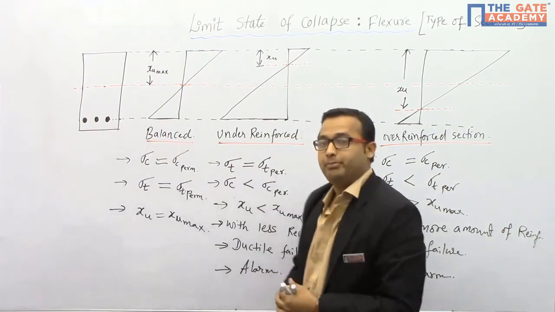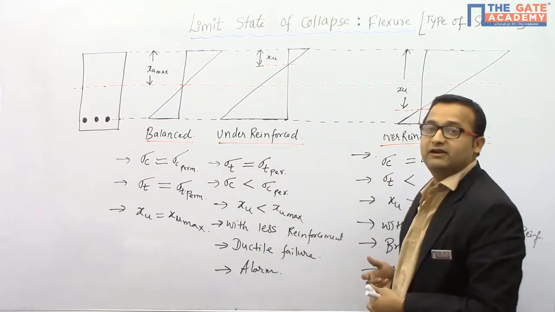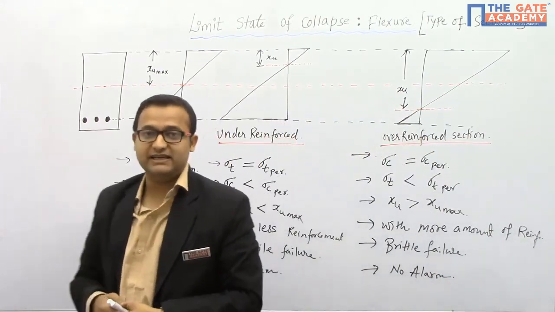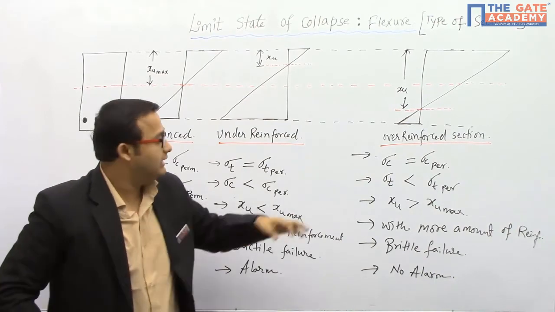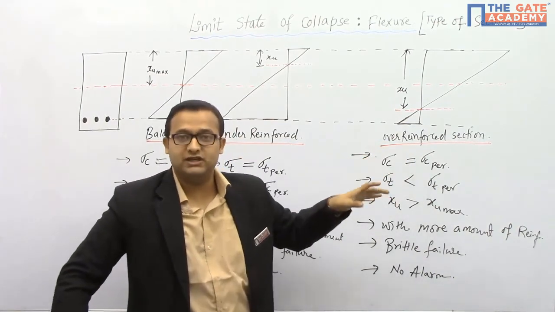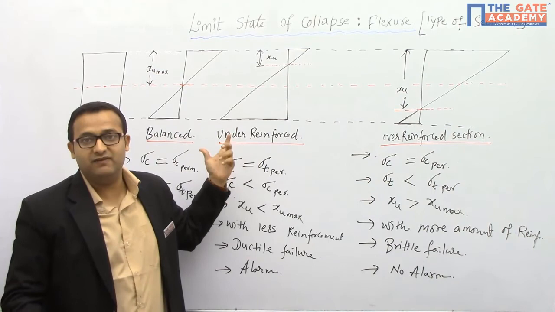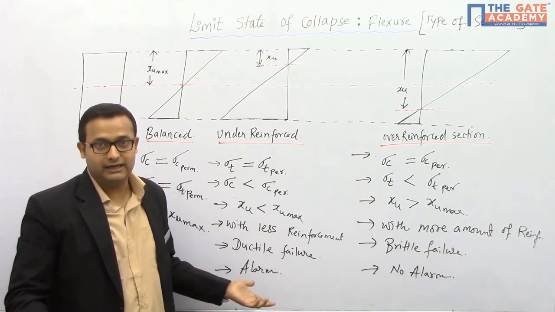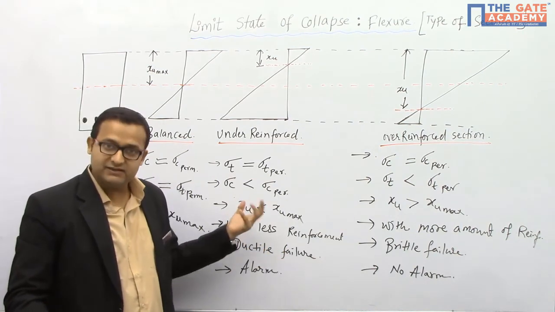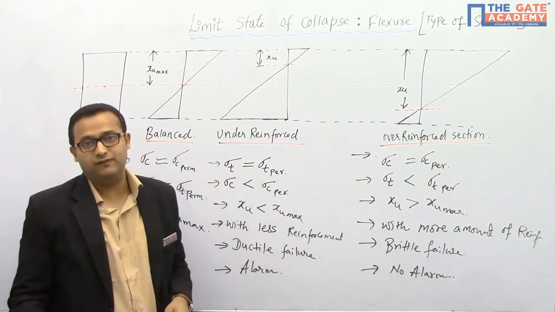So as a good civil engineer, what do you want? You want to prepare under reinforced section or over reinforced section. As a good civil engineer, we always want to design under reinforced section. As per IS 456-2000, we don't design over reinforced section, we always design under reinforced section. Why? Because we want to get alarm. And it is a ductile failure. If the steel fails, the complete structure will not fail.